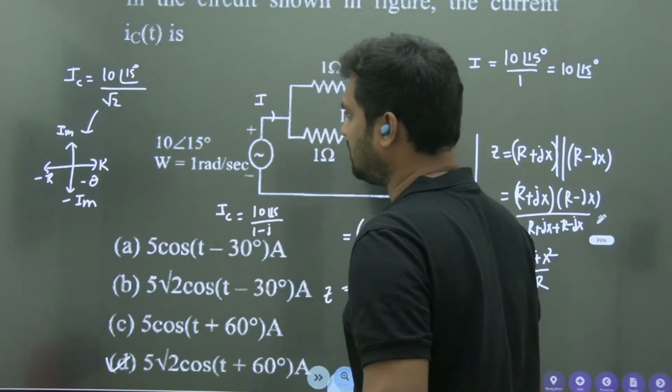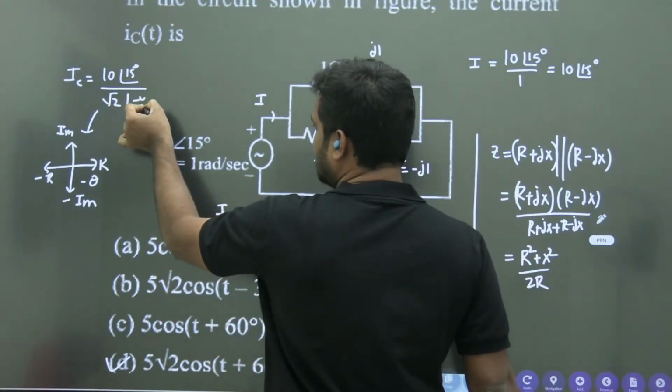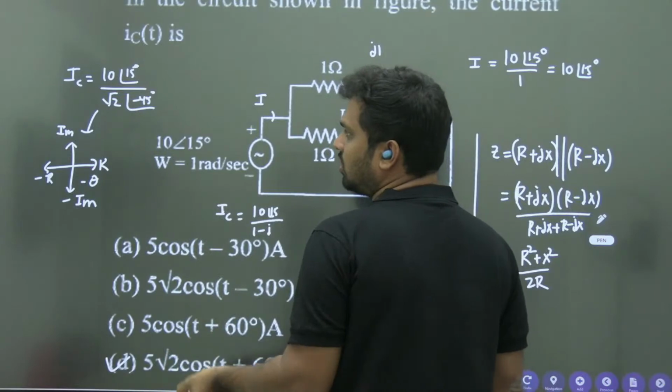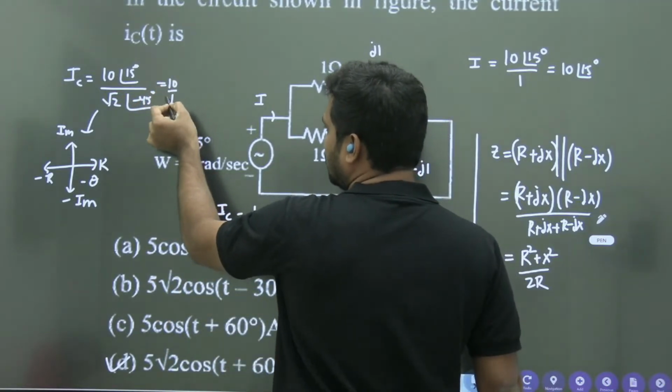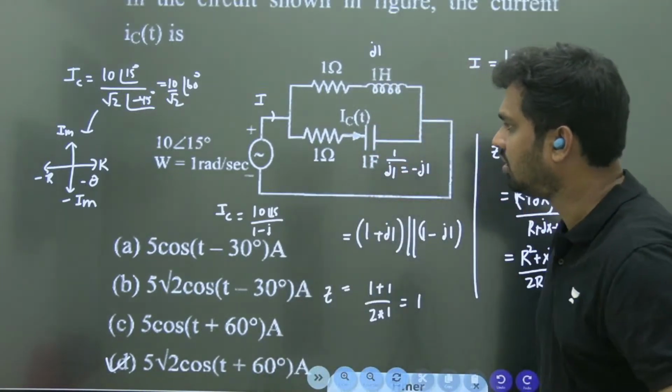So it will be tan inverse of minus b by a, minus 45 degrees. That will give you 10 by root 2 angle 60. Single step में आपको आंसर मिलेगा. ठीक है. So directly ले जाते.